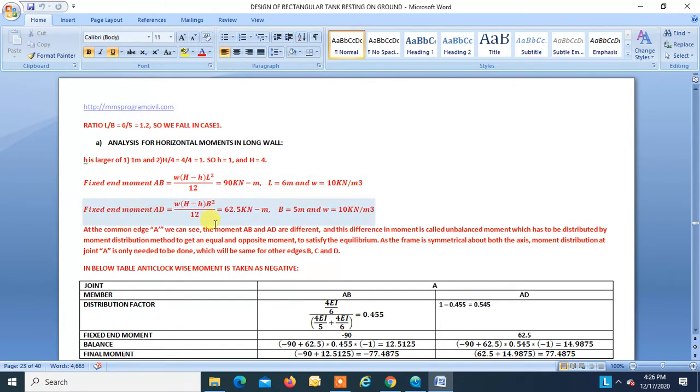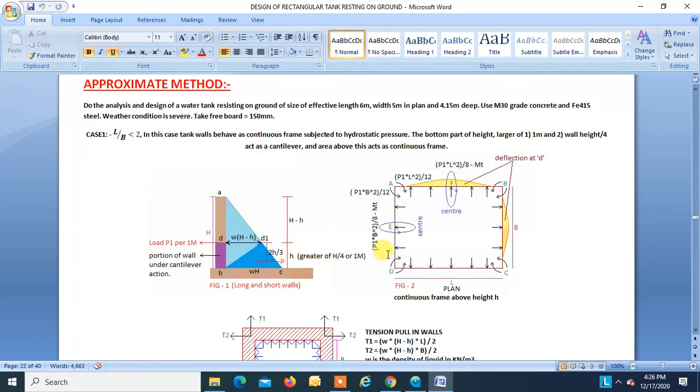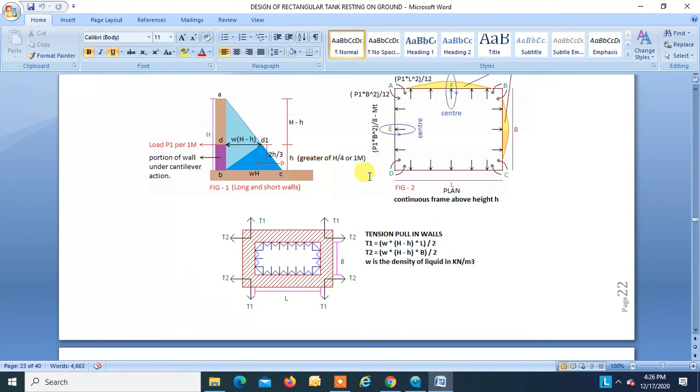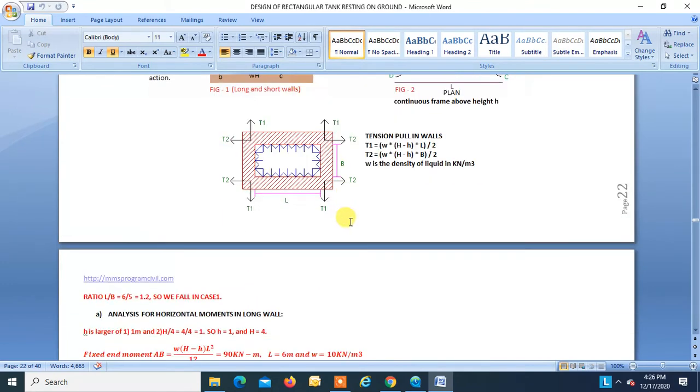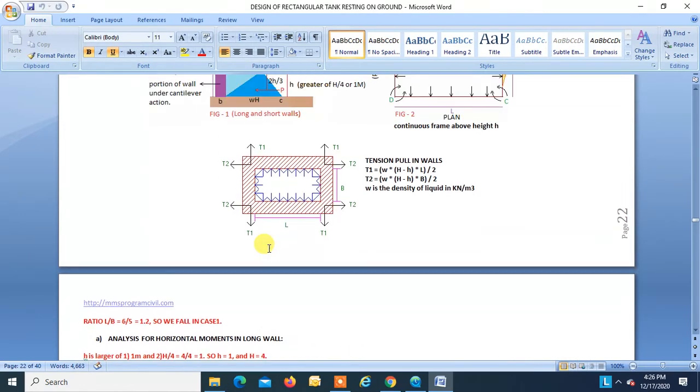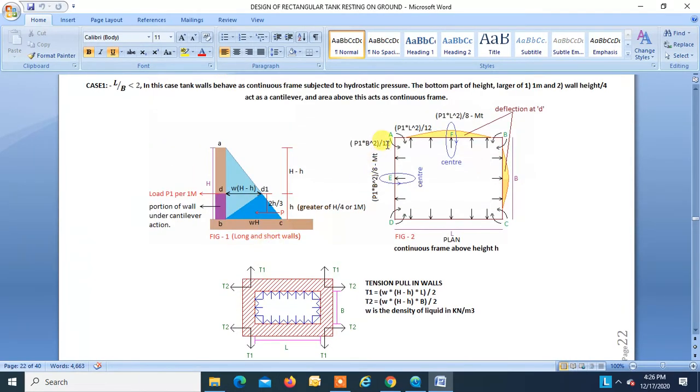And fixed end moment at AD, this is AD, WL square by 12, but instead of L it will be B, because this is B, so it will be B square. So that is equal to 62.5. B is 5 meters, W is 10 kilonewton per meter cube. Now we can see that this moment AB is 90 and AD is 62.5, so they are not equal and opposite.